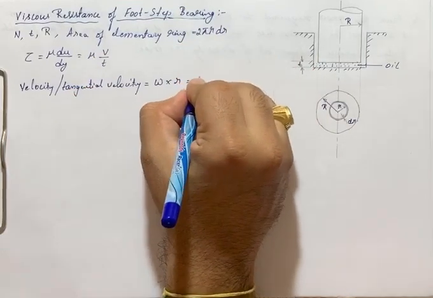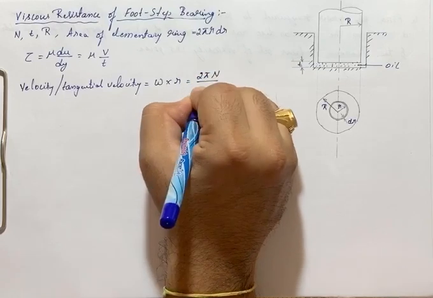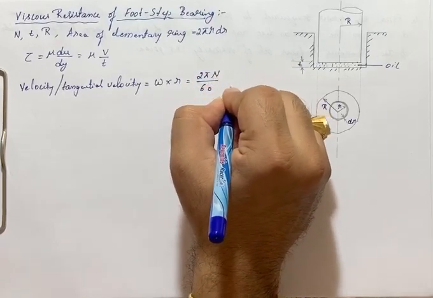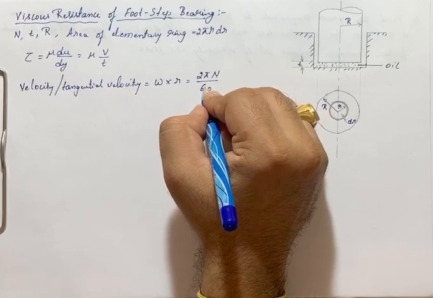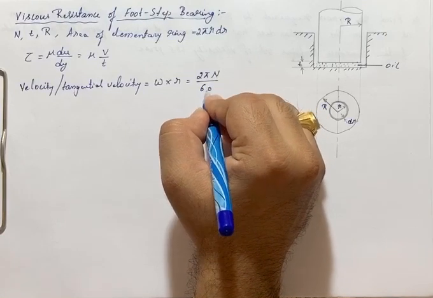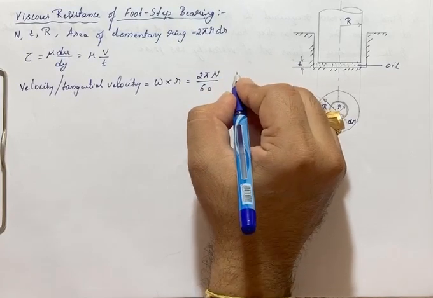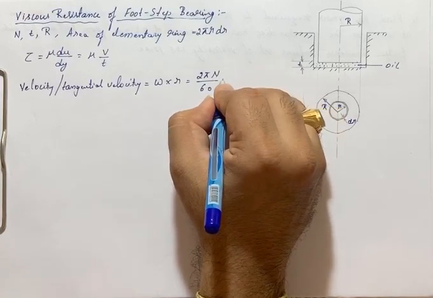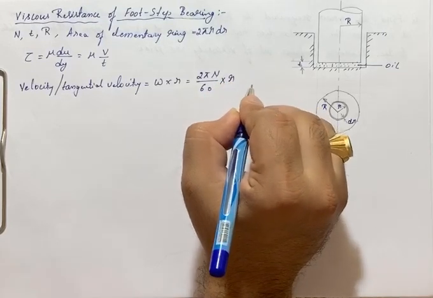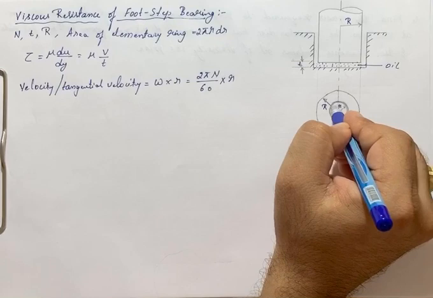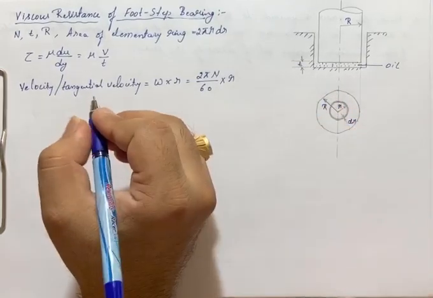Here the angular velocity is given by 2 pi N divided by 60, because N is in rpm; to convert it into revolutions per second, we have 2 pi N divided by 60, into small r. I am taking small r because we are considering the elementary ring.